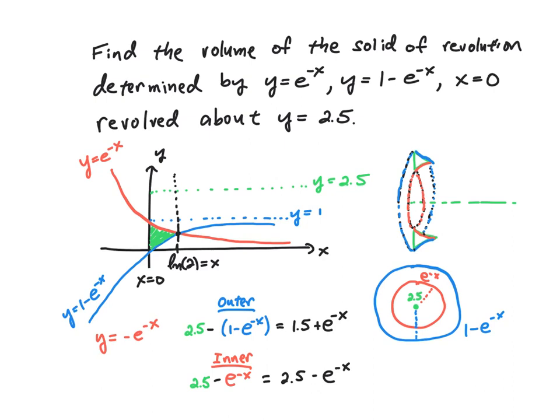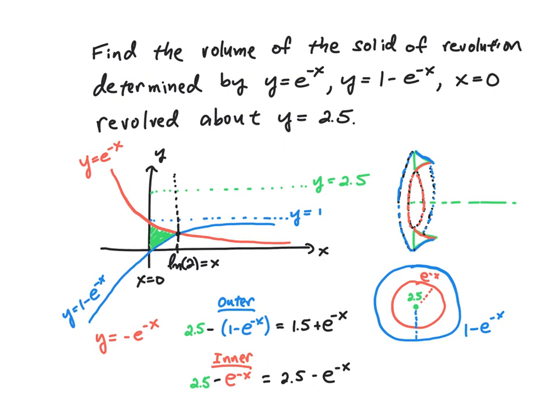All right, so now we're going to revolve this shape around y equals 2.5. I'm going to give a sketch of that here. And you see we get this washer as we revolve that around 2.5. If we look at that face on, here's 2.5 in the middle. Then you get an outer radius, which is determined by 1 minus e to the minus x and 2.5, and then e to the minus x and 2.5, the differences between those curves.